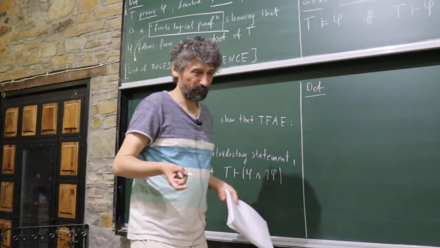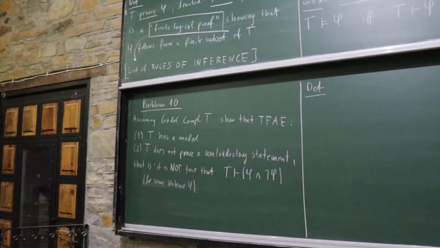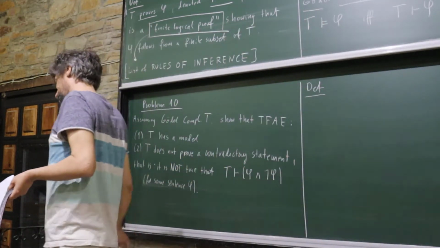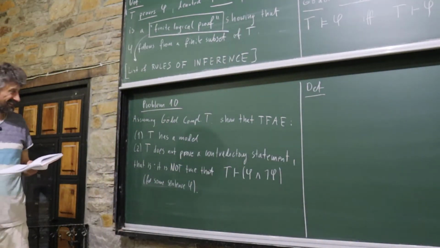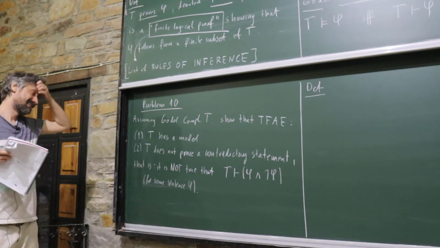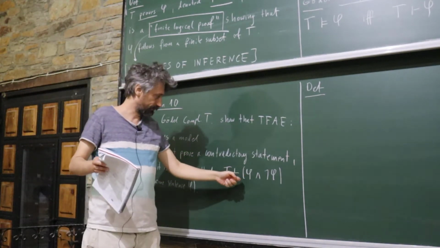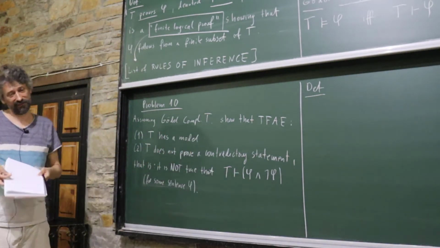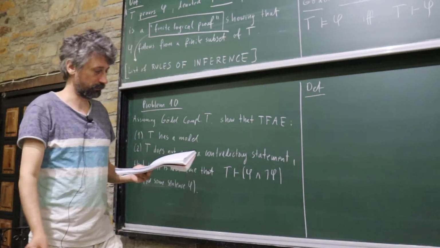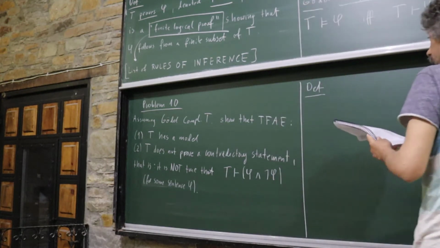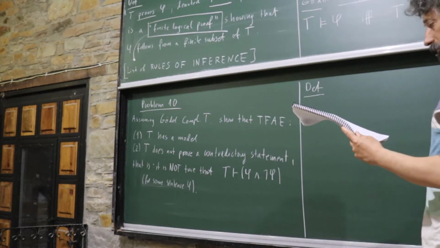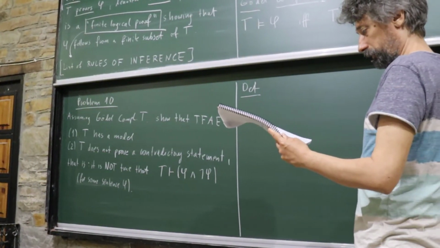A computer may stupidly, by chance, find this contradictory statement, but probably not, and it cannot show the opposite. A computer may check whether our candidate for such a proof is correct, but I doubt it can find such a proof. But who knows what they will be able to do.